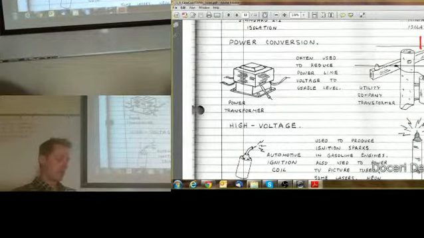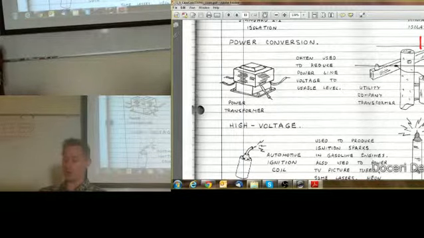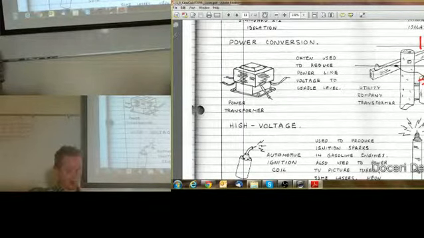So for your dryer, you may use 240, but for your other applications, you may use 120. The line voltage outside here is probably 4 to 7,000. That's usually what it runs. Okay.